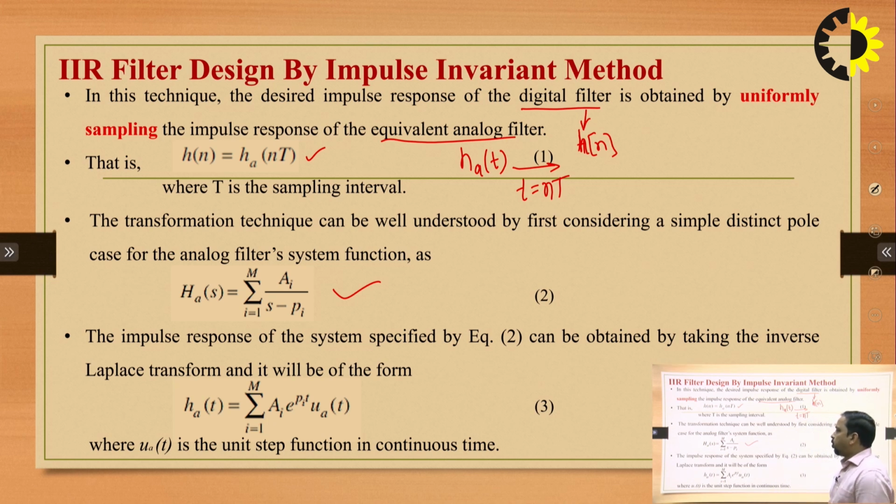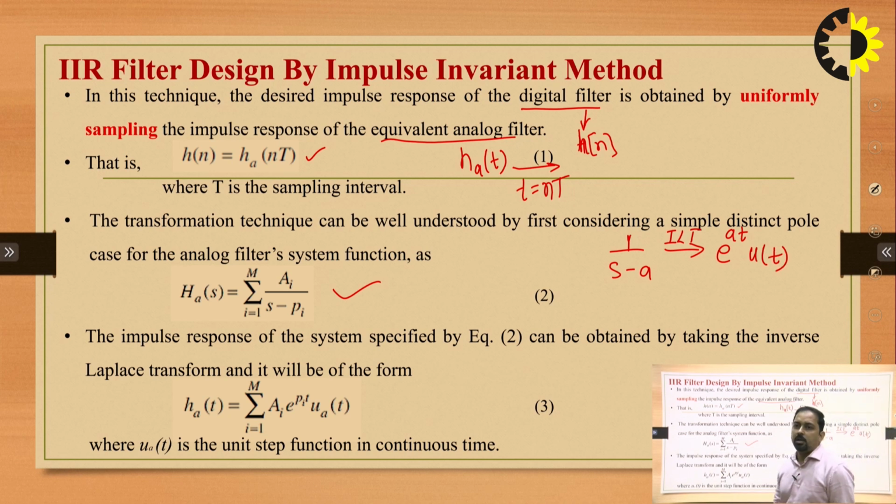The impulse response of the system can be obtained by utilizing the inverse Laplace transform. For this particular scenario, we have the property that for 1 by s minus a, the inverse Laplace transform will be e raised to power at times u of t. Why u of t? Because we are considering that the filter is causal. If the filter is causal, definitely it will be right sided.